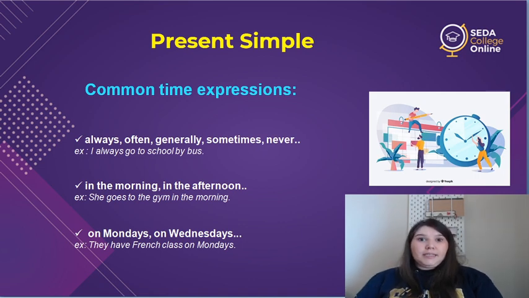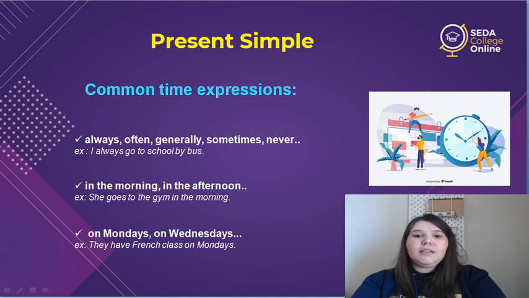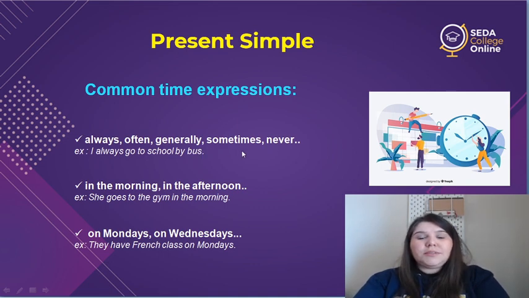And the present simple has some common time expressions that help you to recognize that that sentence is present simple. Example, always, often, generally, sometimes, never. We talked about that too 2 weeks ago, the adverbs of frequency.